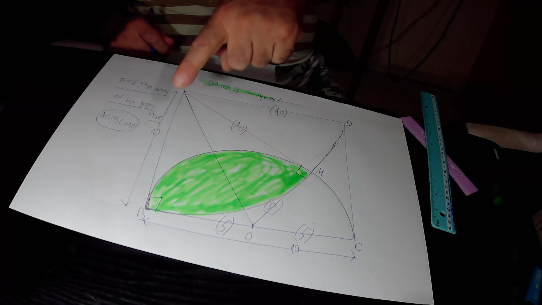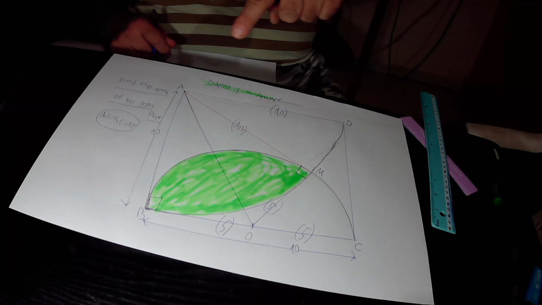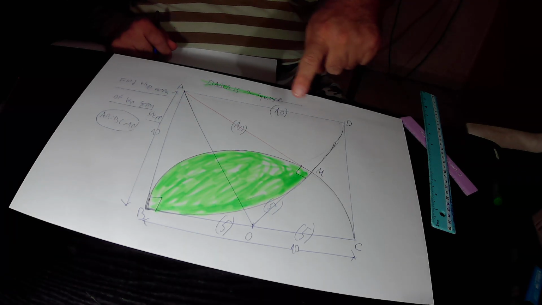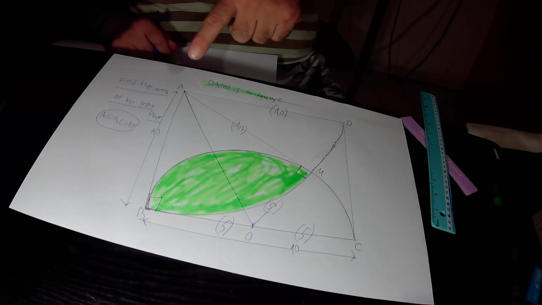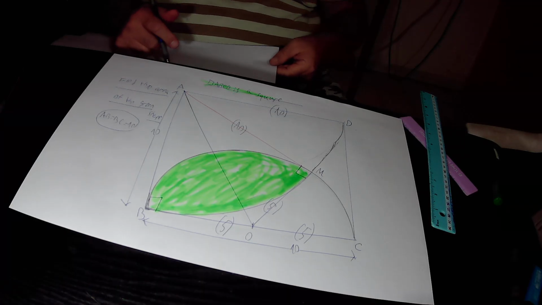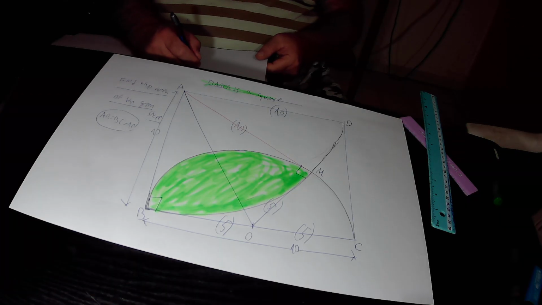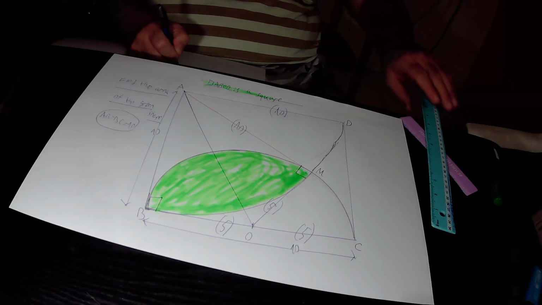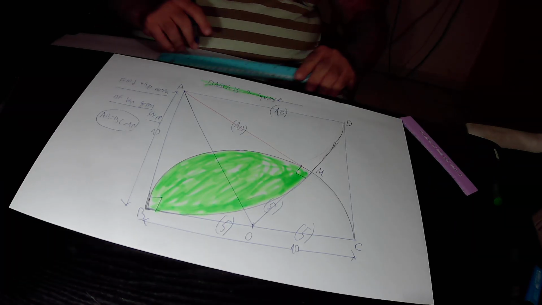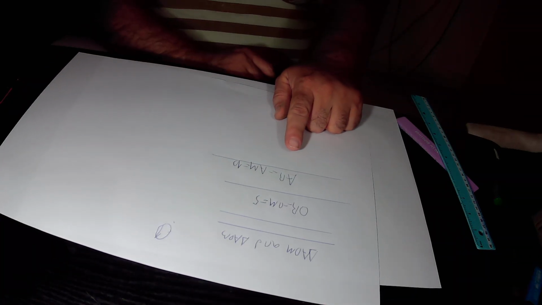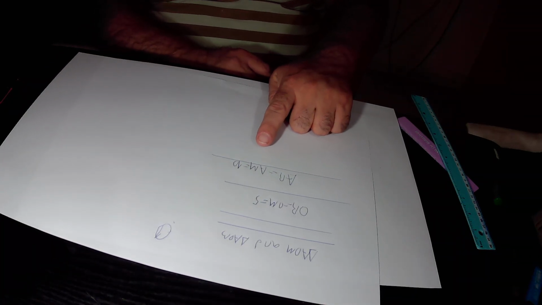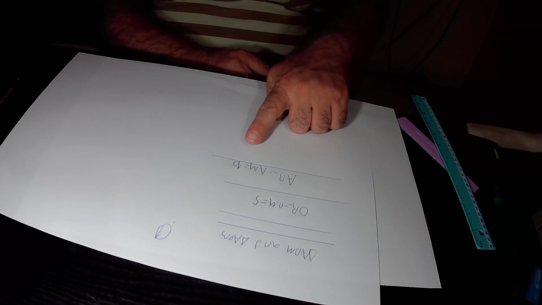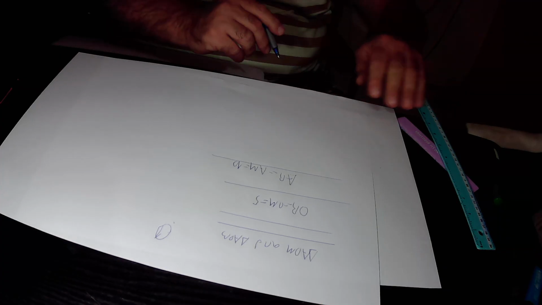In addition, side AB of the right triangle ABO equals side AM of the right triangle AOM. They are both the radii of the quarter circle that is equal to 10, and therefore they are equal to each other. So AB equals AM equals 10.